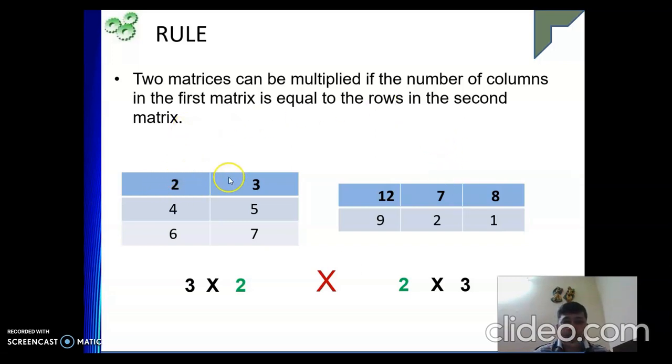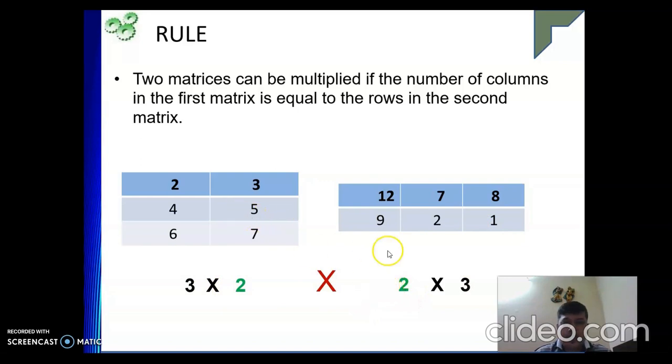So if I take this as my first matrix, you see that I have three rows and two columns, so 3 into 2. And here, I have two rows and three columns. So the number of columns in matrix A is 2, and the number of rows in matrix B is 2.